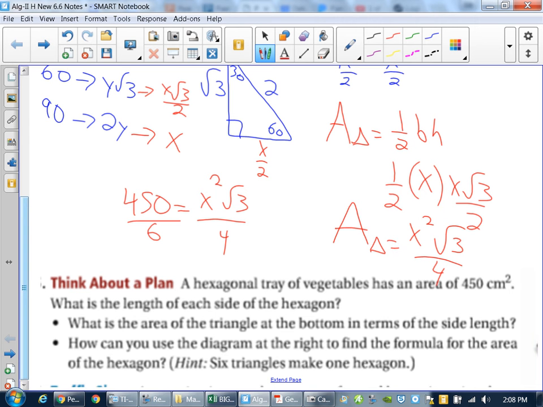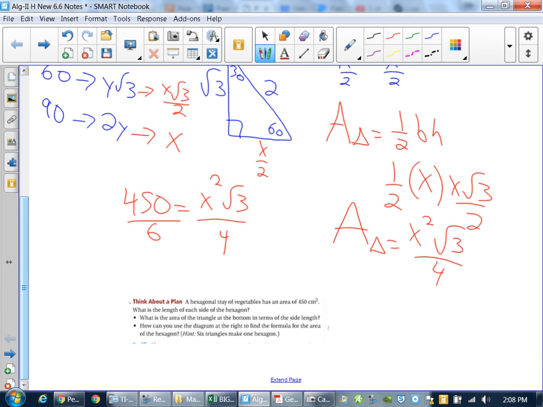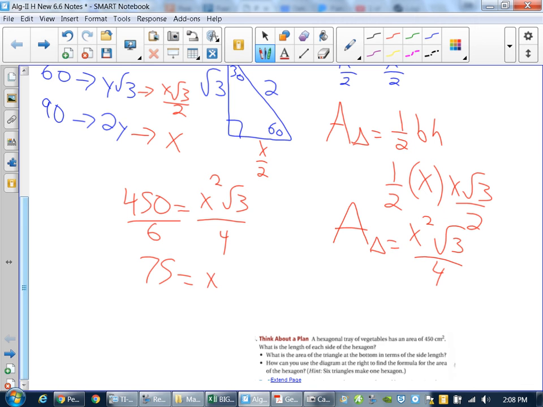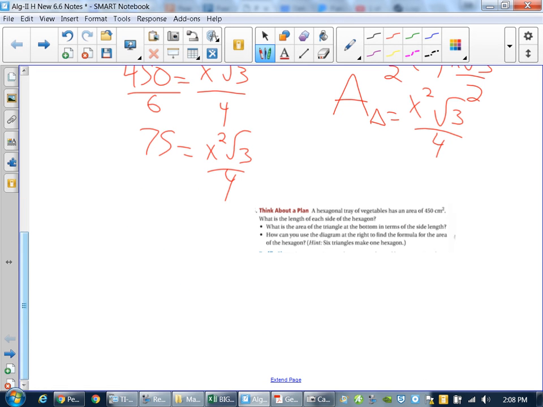So what is that? You said 75? Yeah. So 75 is x squared root 3 over 4. Multiply by 4, we get 300 is x squared root 3.